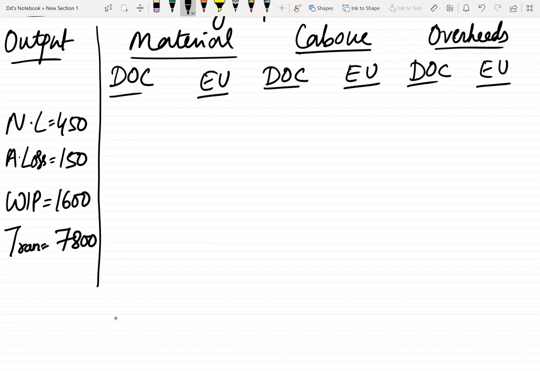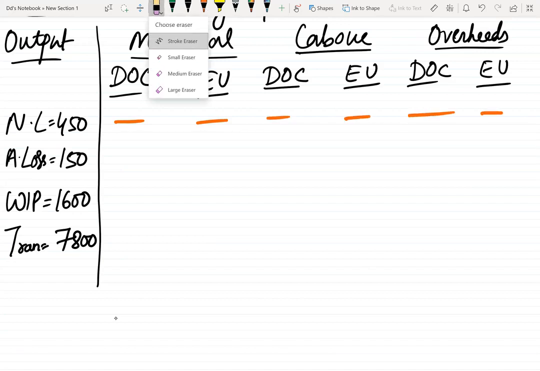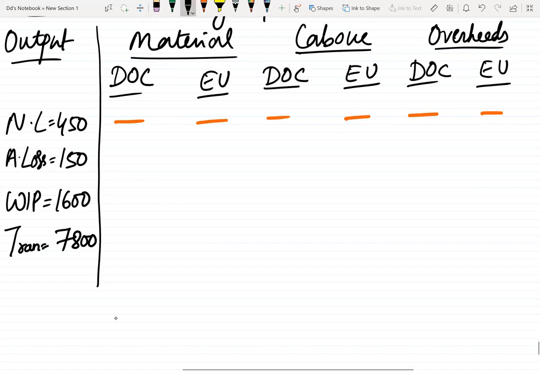Normal loss, you don't need anything, because you have already completed its valuation. That is shown at scrap income, right? By the way, leave one line after transfer. Total 10,000.